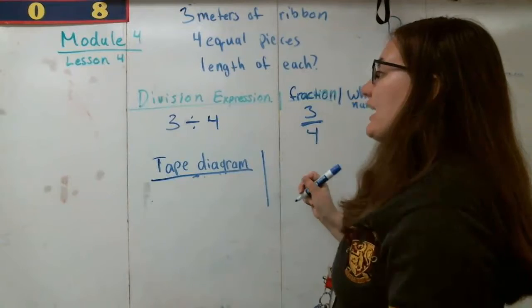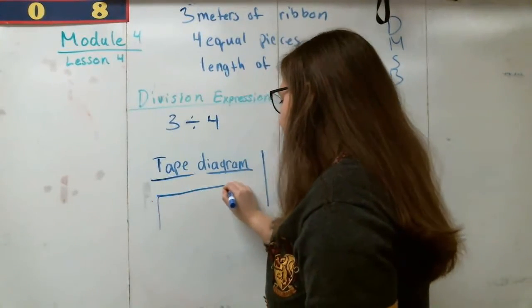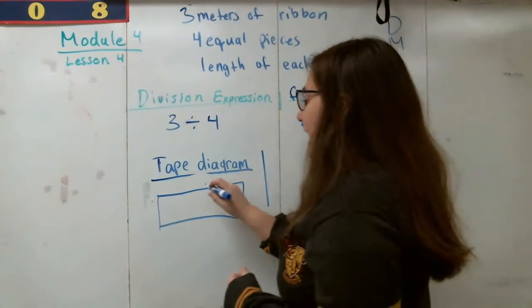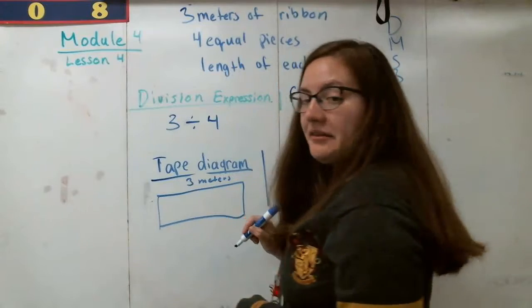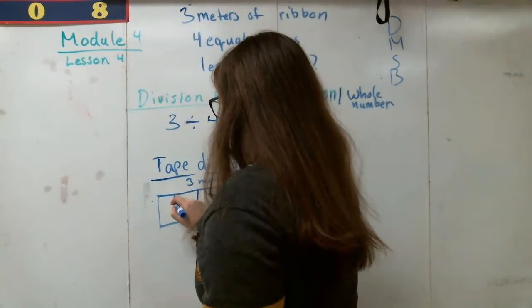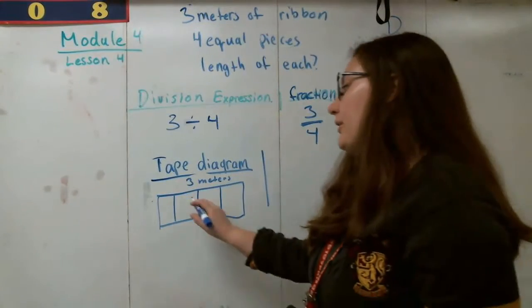And then we're going to take a look at our tape diagram. So we have our tape diagram. And we're going to think about, what does my whole tape diagram equal? What am I dividing? I'm dividing 3 meters of ribbon, and I'm dividing these 3 meters of ribbon into 4 equal parts. So we'll take 3 meters and we'll divide it into 4 equal parts like this.